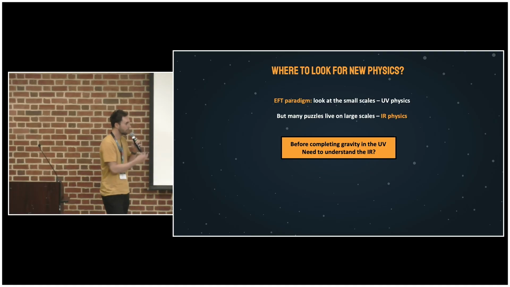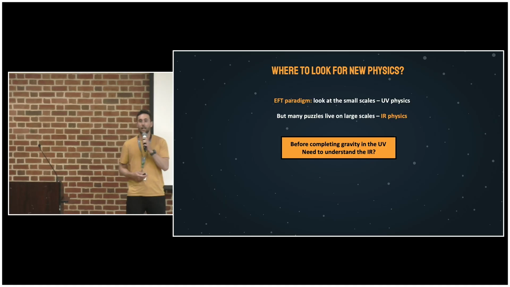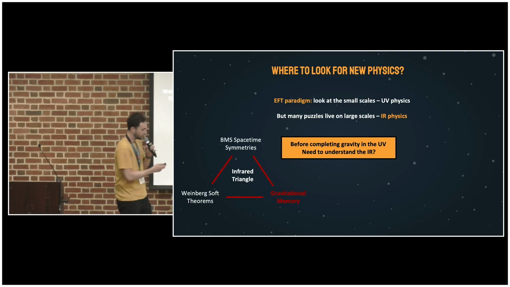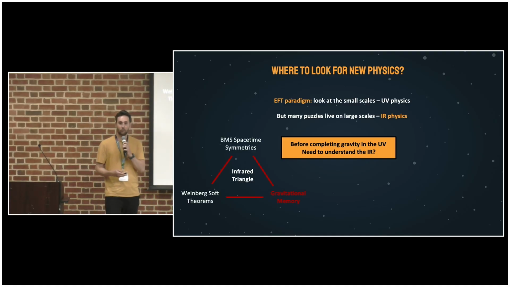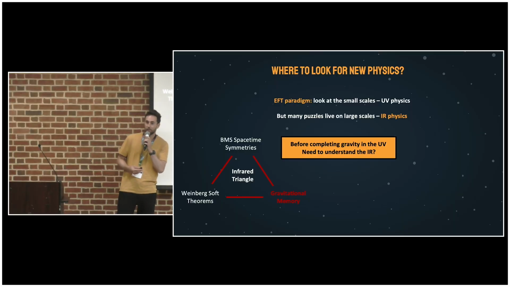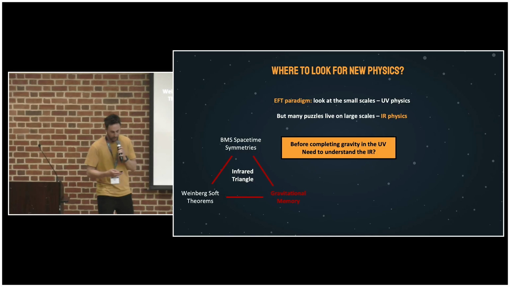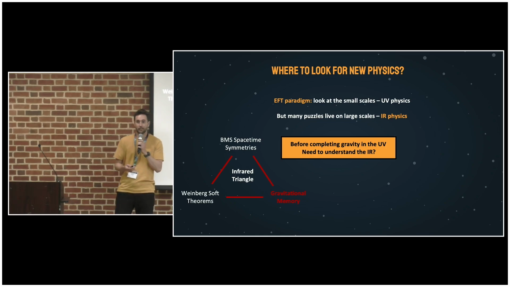In this EFT paradigm, one often assumes a fixed background, but in the last couple of decades, we have more and more understood that the IR of field theory is actually governed by a very non-trivial, universal and also dynamical structure. I will not go into details here, but perhaps you have already heard of the infrared triangle.